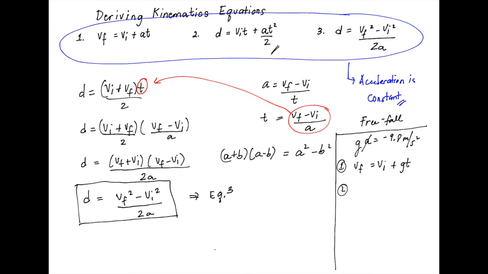Our second equation could be represented as d equals Vit plus gt squared divided by 2. And for the third equation, we have d equals Vf squared minus Vi squared all over 2g. Take note that we should always use negative 9.8 meters per second squared if it is a free fall.